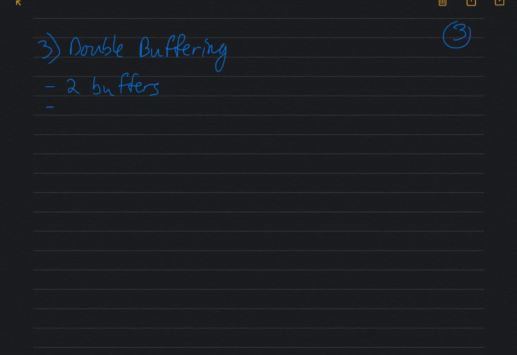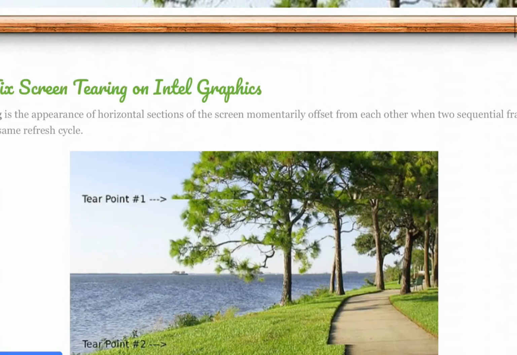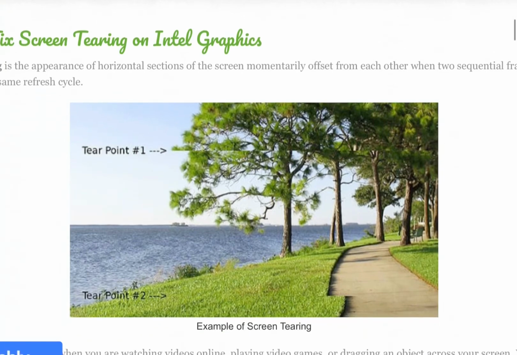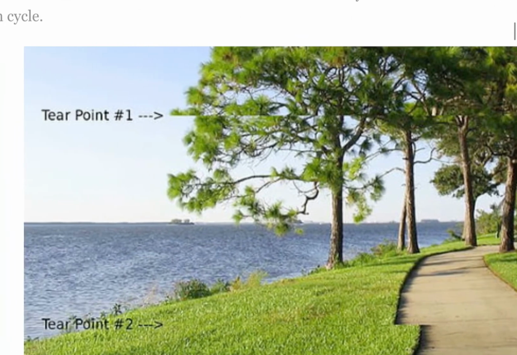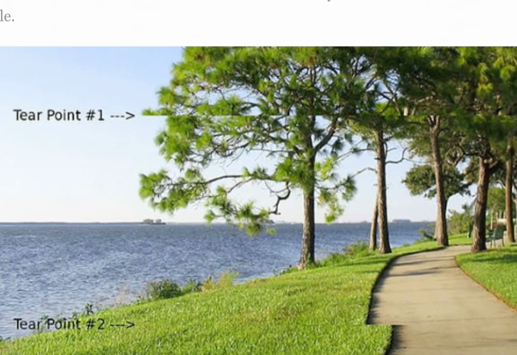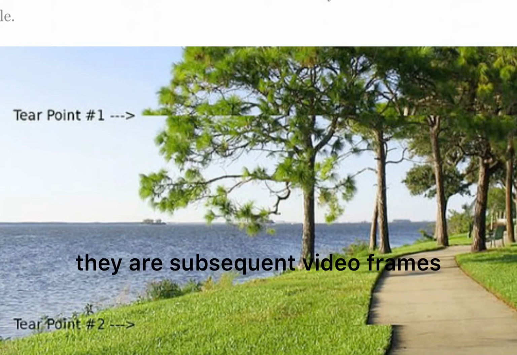Let me just show you what that looks like. This is from the Ubuntu Mate website, and there's this image here. Let's make it a little bigger, where you can see that there's 2 points in the screen where the image doesn't line up, and what's happened is it's refreshing the image in the buffer at the same time that it's drawing it to the screen.